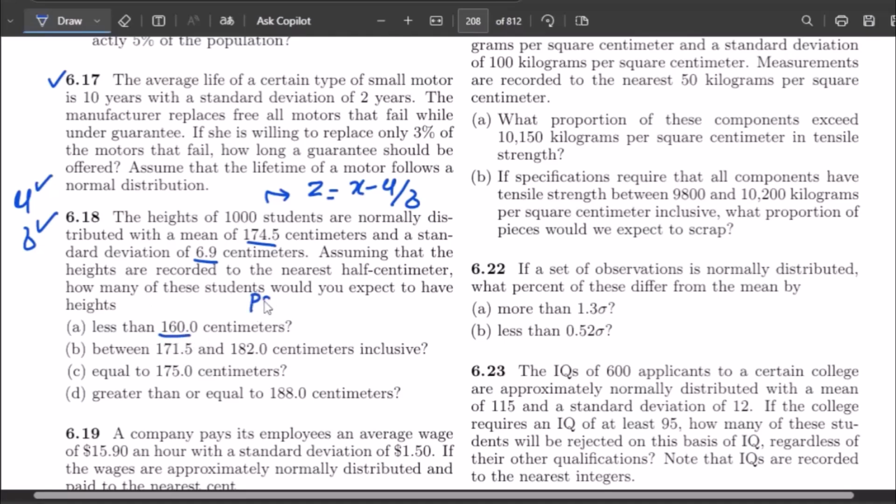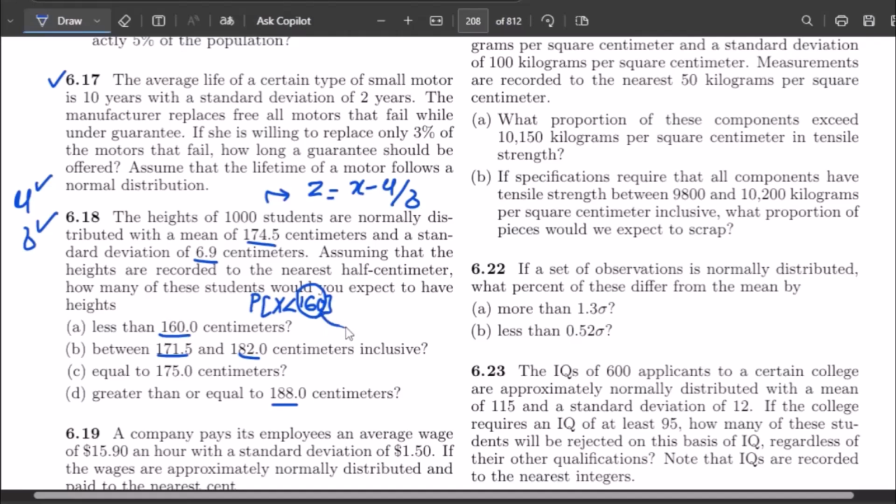That means the probability that x is less than 160 centimeters, then between this value and this, and greater than or equal to 188.0 centimeters. So this is the first part of this question.